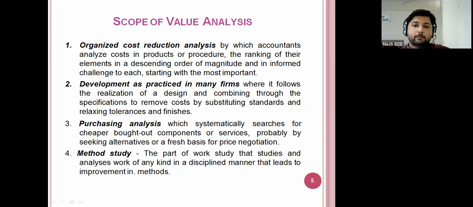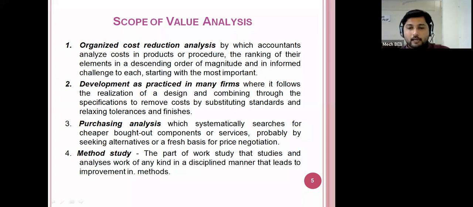Then method study, the part of work study that studies and analyzes work of any kind in a disciplined manner that leads to improvement in methods. In the last year you studied industrial engineering, in which you studied work measurement and method study.